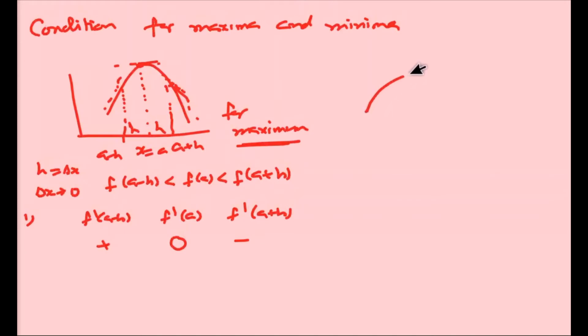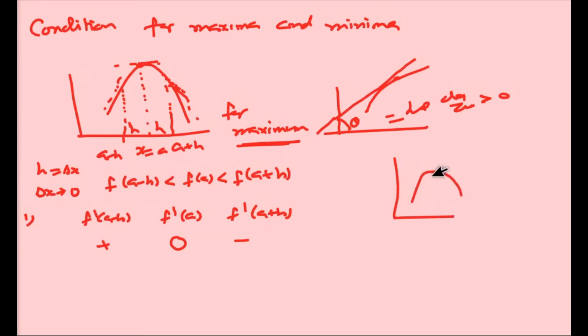For this curve you can see again this one is an acute angle, tan theta, dy by dx is greater than 0, right? And for this, parallel to x-axis, so dy by dx equal to 0, right?